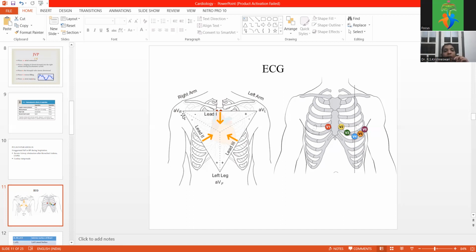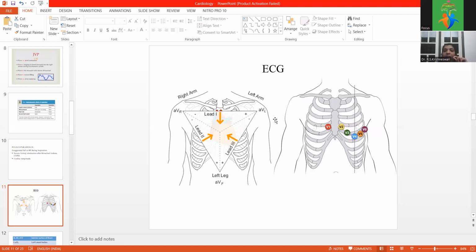Lead 1 connects right arm with the left arm, with negative in the right arm and positive in the left arm. Lead 2 connects right arm with the left leg, with negative in the right arm and positive in the left leg.